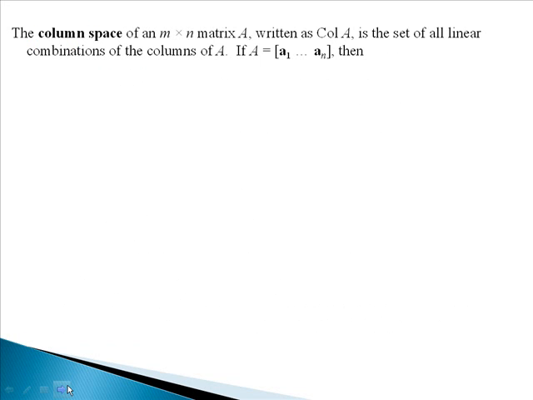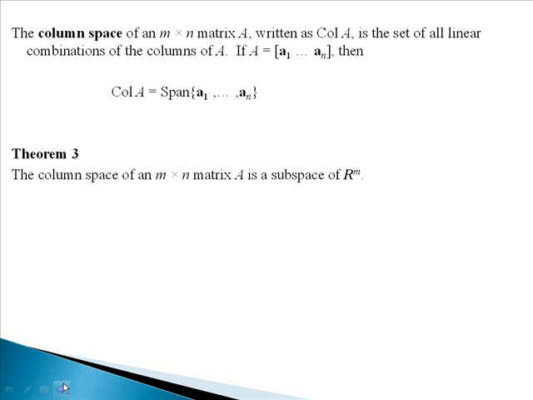Now let's look at the column space. The column space of an m by n matrix A, written as Col A, is the set of all linear combinations of the columns of A. So if A is equal to the set of vectors a1 through an, then the column space of A is the span of those vectors that made up our matrix A. Theorem 3 says that the column space of an m by n matrix is a subspace of Rm.